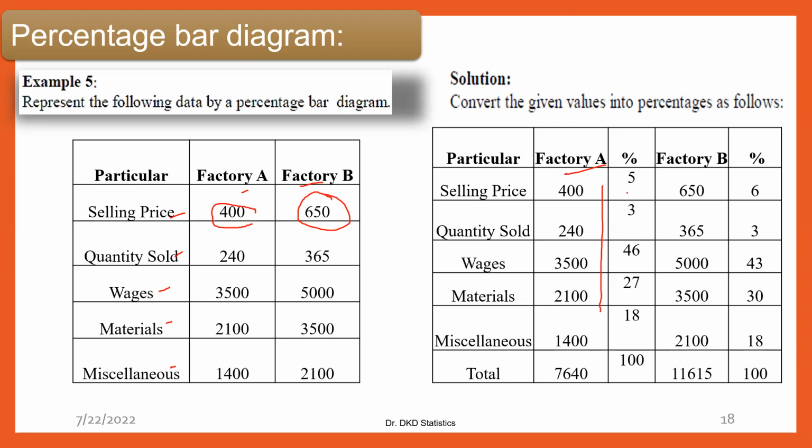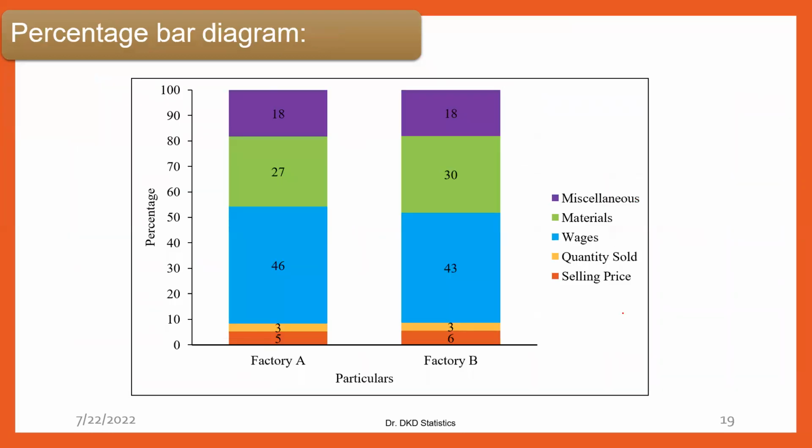We have to calculate the percentage for each item here, and in the same way for factory B we calculate the percentage for each item and plot it through the graph. So this is factory A and this is factory B. This is the miscellaneous item, this is the materials, this is the wages, this is the quantity sold, and this is the selling price.